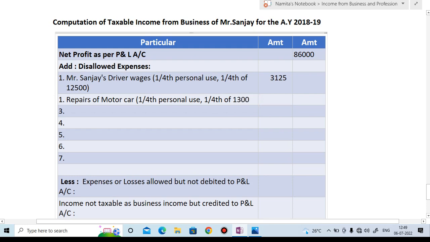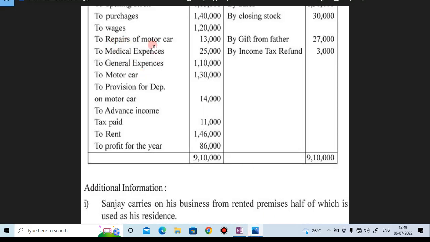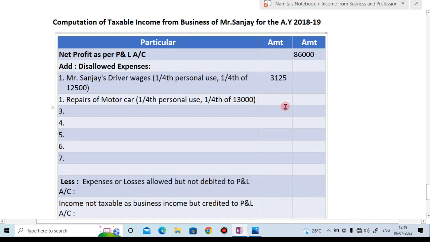Repairs of motor car total is 13,000. 1/4 of 13,000 is 3,250. Okay. So 13,000 divided by 4, we get 3,250.